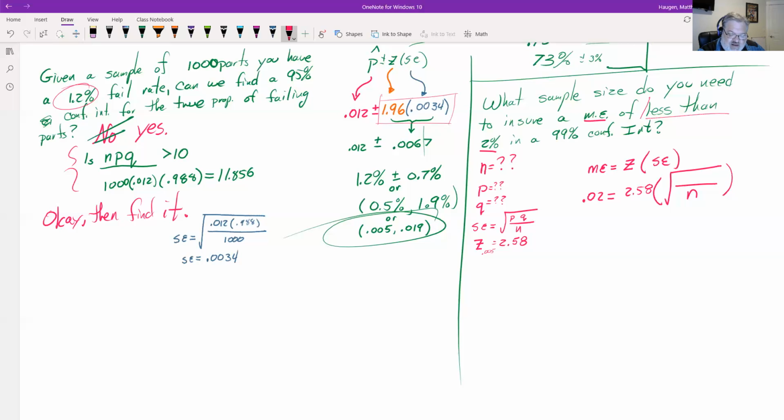So that less than is a little bit of a trick, but it often makes us overthink this problem. If we figure out the sample size that makes us have a 2% error, then any larger sample size will make us less. So we're solving for that 0.02, even though we want it to be less, just making sure our sample size is anything larger.